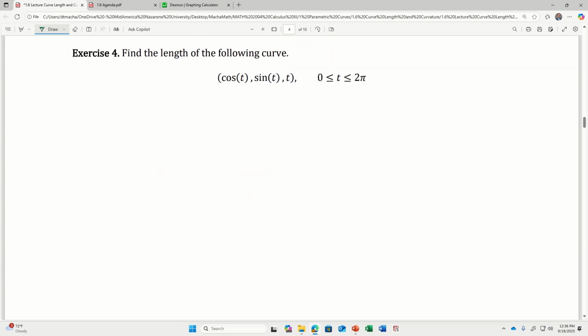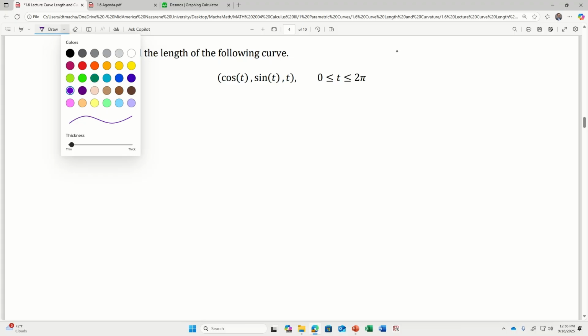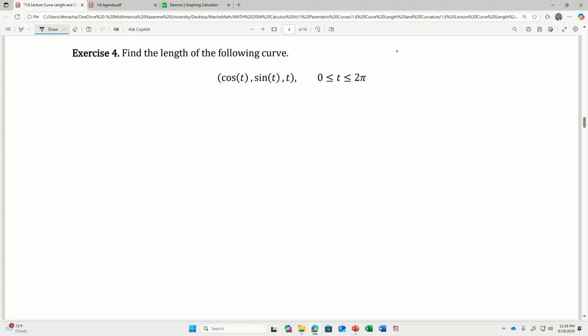Okay, so find the length of this curve. This is going to be an easy, nice example, I think. This is my parametric curve. What is my velocity vector going to be? Yep, it's my velocity.